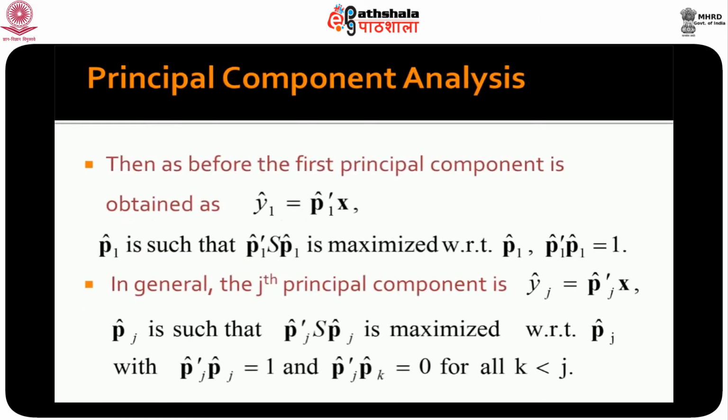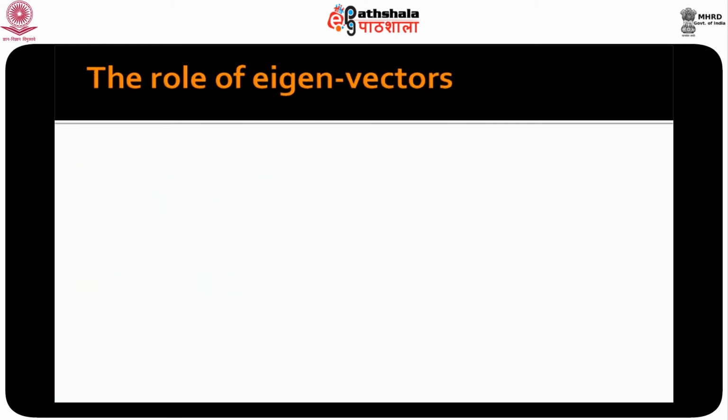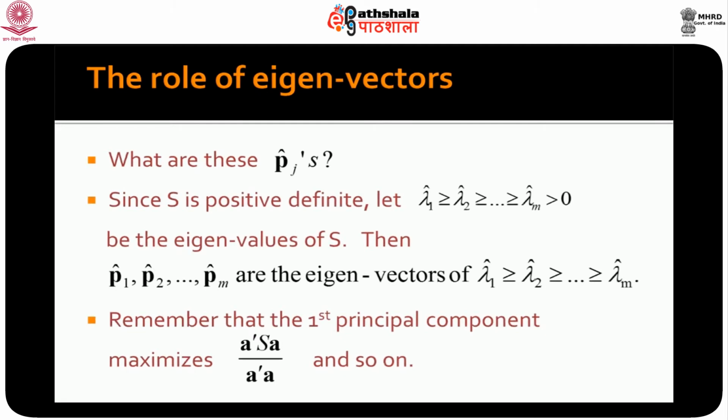Now, as before, we consider a linear combination of the x, that is, we have y equal to a prime x, which is basically the summation of k equal to 1 to n of a_k x_k. So, the x_k's are the elements of x, and as you remember, we will be looking at this linear combination y.